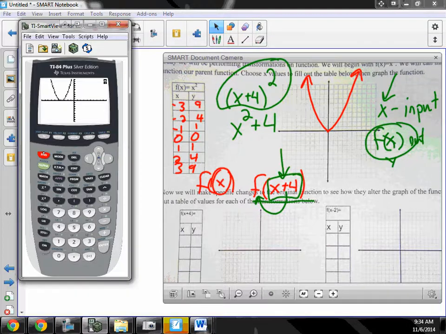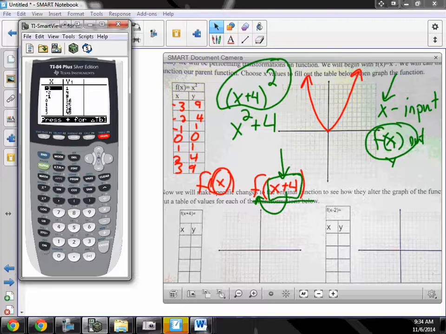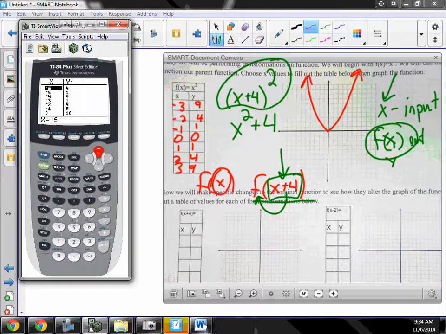And I'm going to go to my table of values. Now my minimum value has changed, so I want to center it about that. So this would be -6, 4, -5, 1, -4, 0, -3, 1, and so on. And that graph is going to look like this. So what is the difference between f of x and f of the quantity x plus 4?